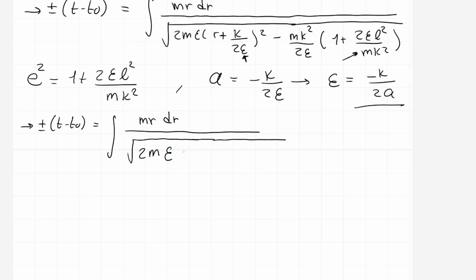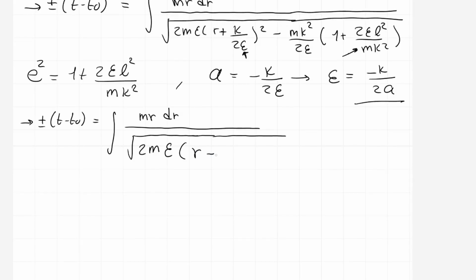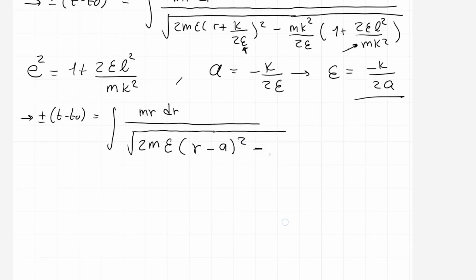We'll change it later, and this is going to be (r minus a) squared minus mk squared over 2E, and then the eccentricity squared. Okay.